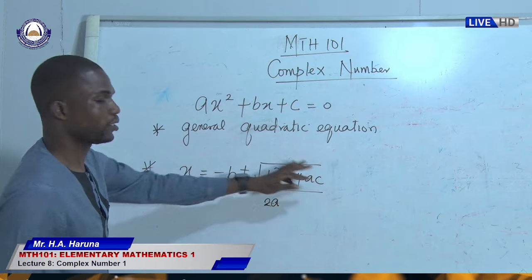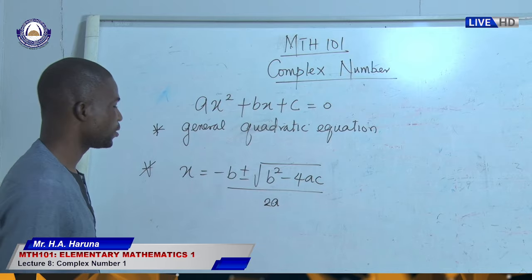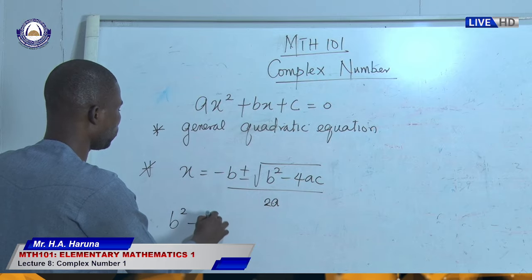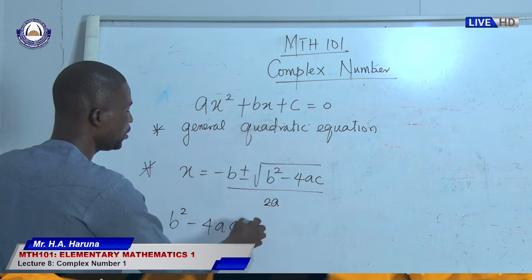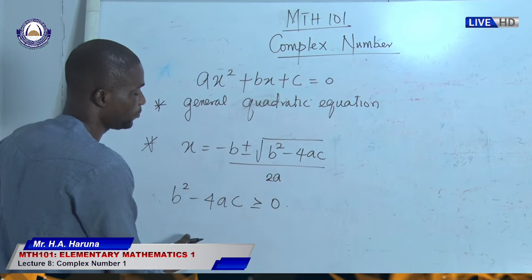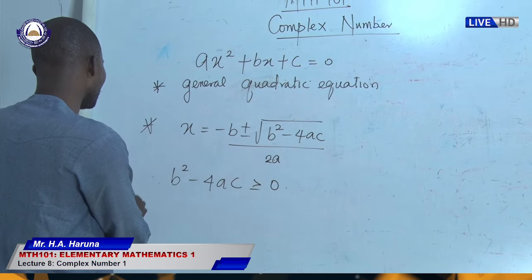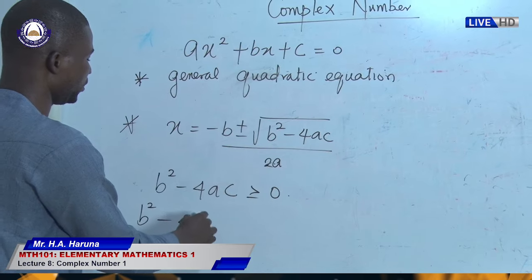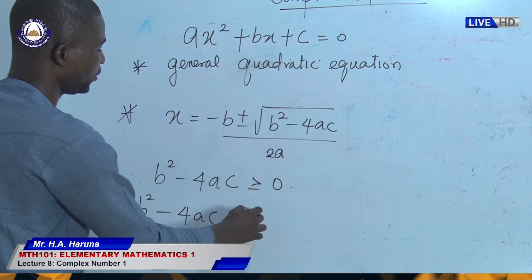This is where we are going to start from with complex analysis, because the discriminant b squared minus 4ac greater than or equal to 0 has been well analyzed. Now, what happens when you have b squared minus 4ac less than 0?